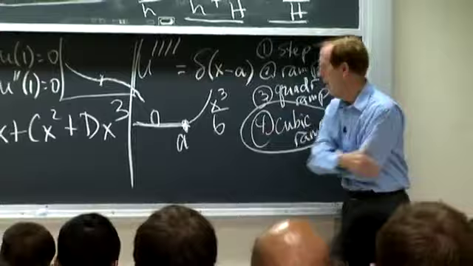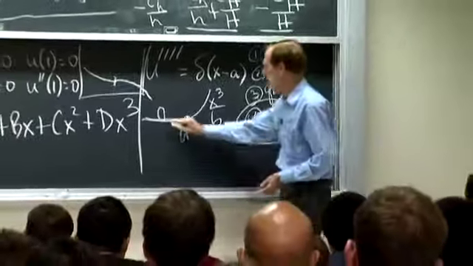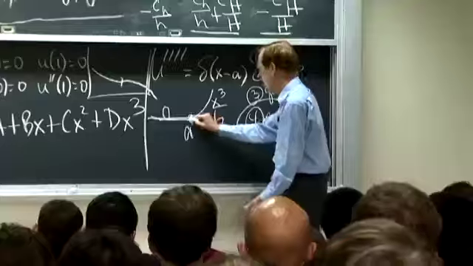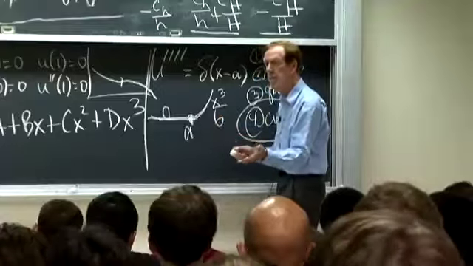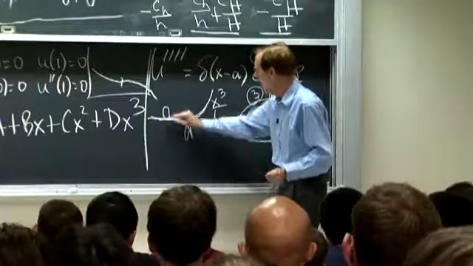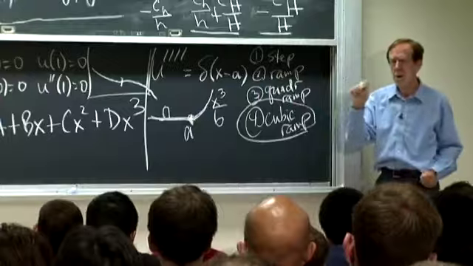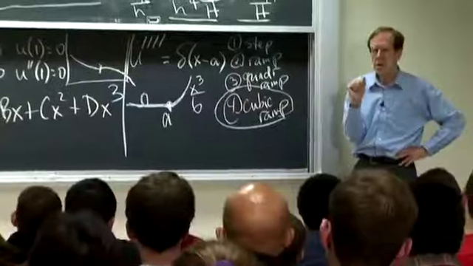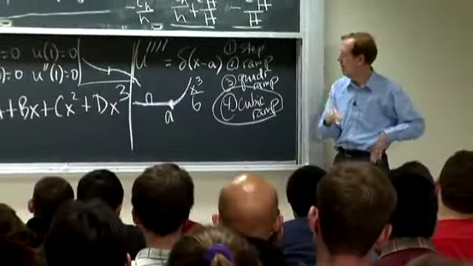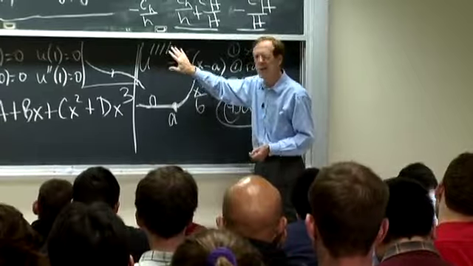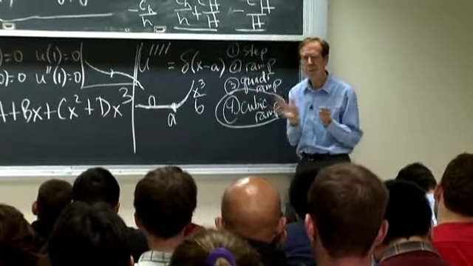Did the function jump? Certainly not. Did the slope jump? Certainly not. Did the second derivative jump? No. The second derivative was 0 and then 0. What jumped? Third derivative. The third derivative is allowed to jump. And of course, a jump in the third derivative produces a delta in the fourth, right?